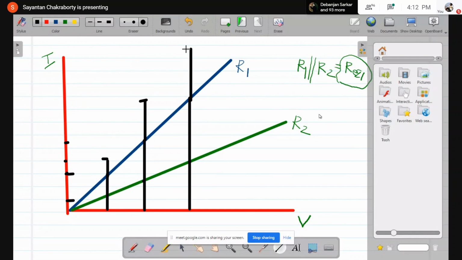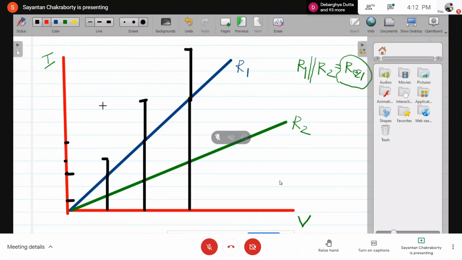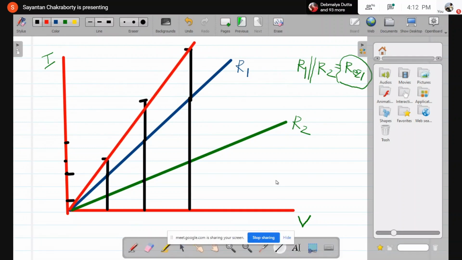If we now connect this, we'll get R1 parallel R2. Understood?